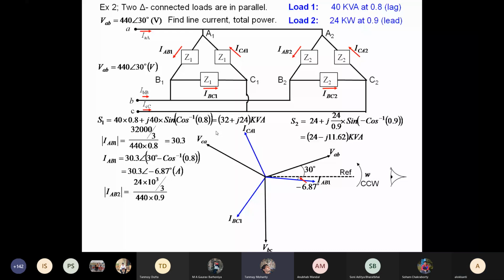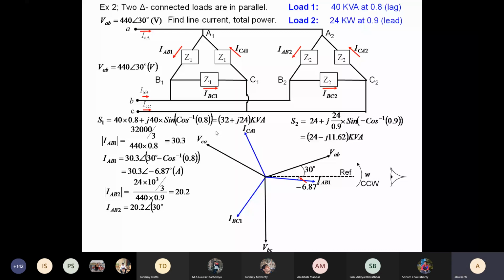The magnitude of IAB2 is 20.2, and the angle is 55.84, but this is a leading power factor.